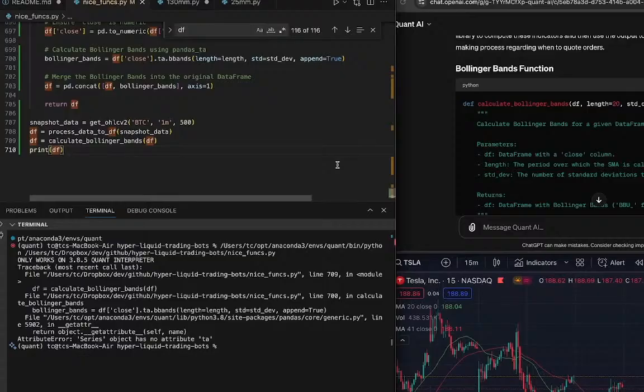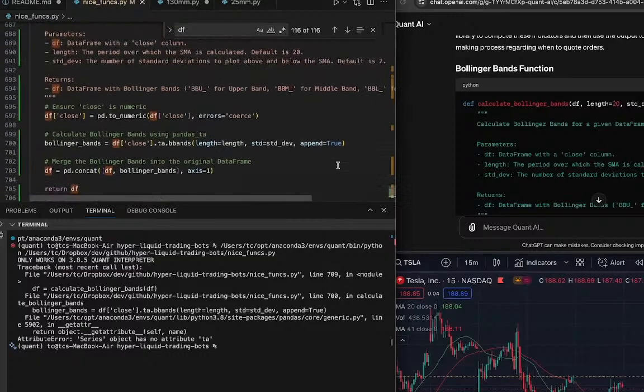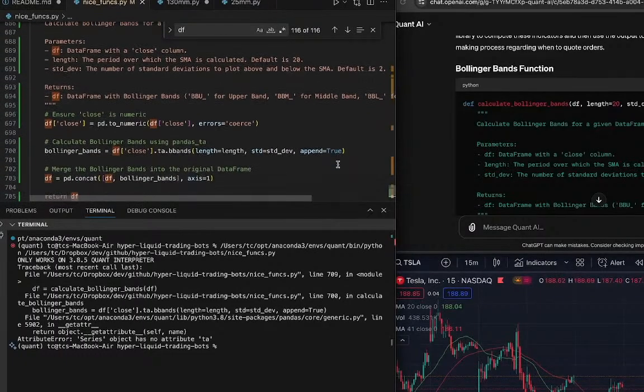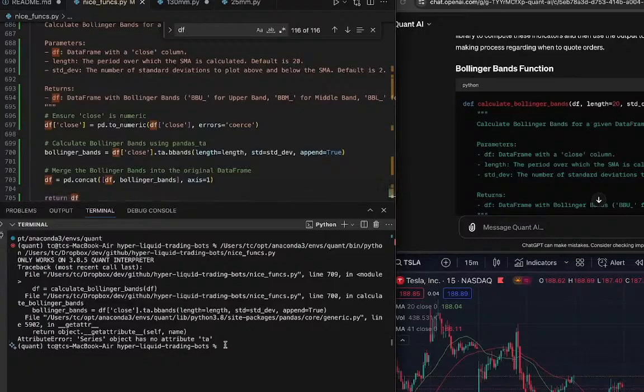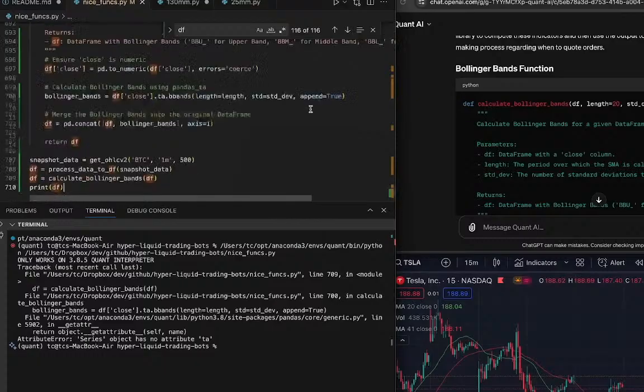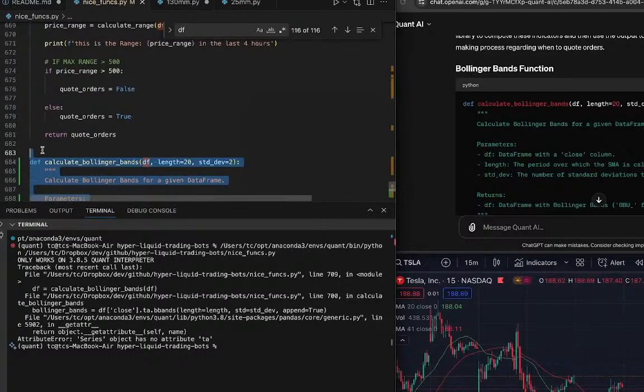So in line 700, has no attribute TA. Why no TA?